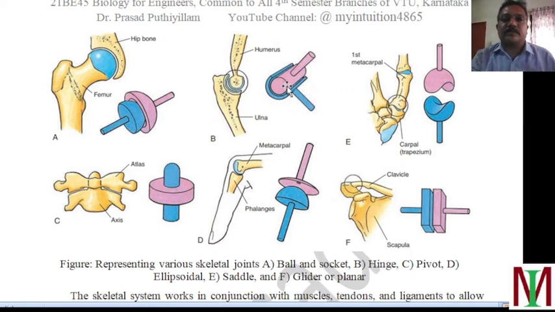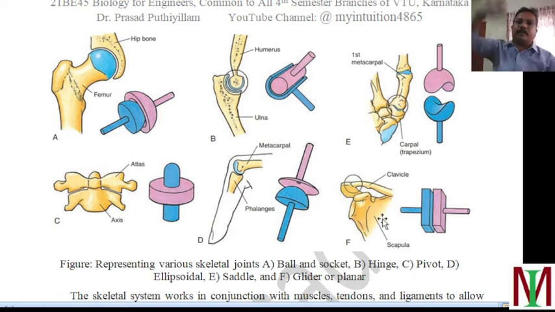This is the humerus, moving up and down only. The third one, B, is the pivot, with this movement, not full rotation, a little bit of rotation. Then the last, hinge, is the joint in our leg part.